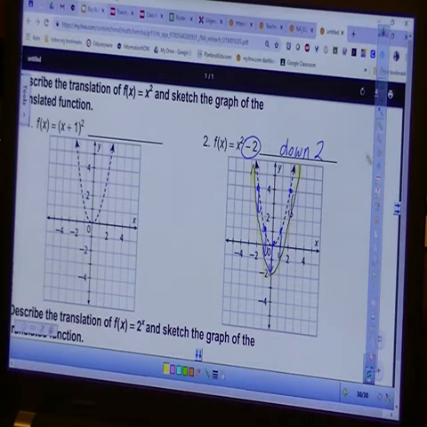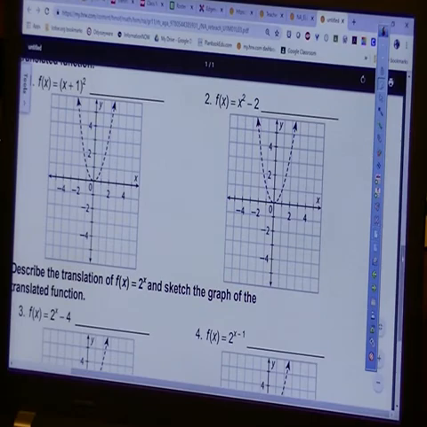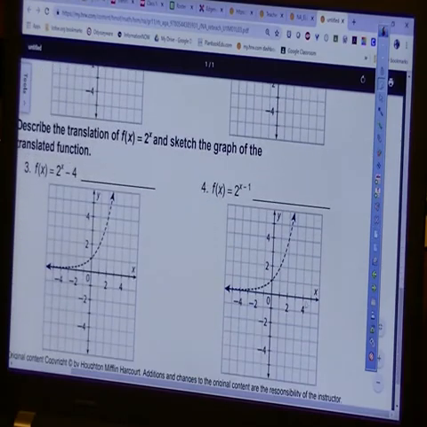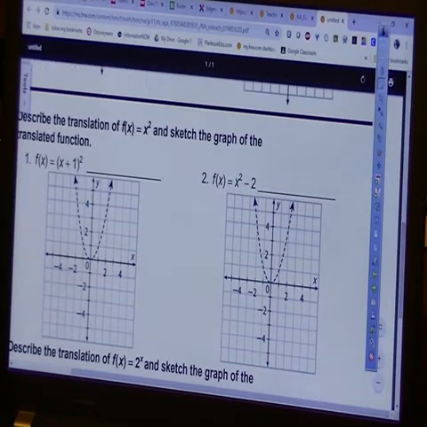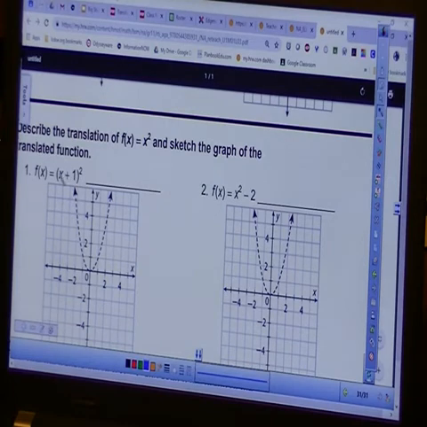Now on yours, it doesn't match mine. On mine it says these guys right here. So I'm going to change these out, and we're going to call this number 3.